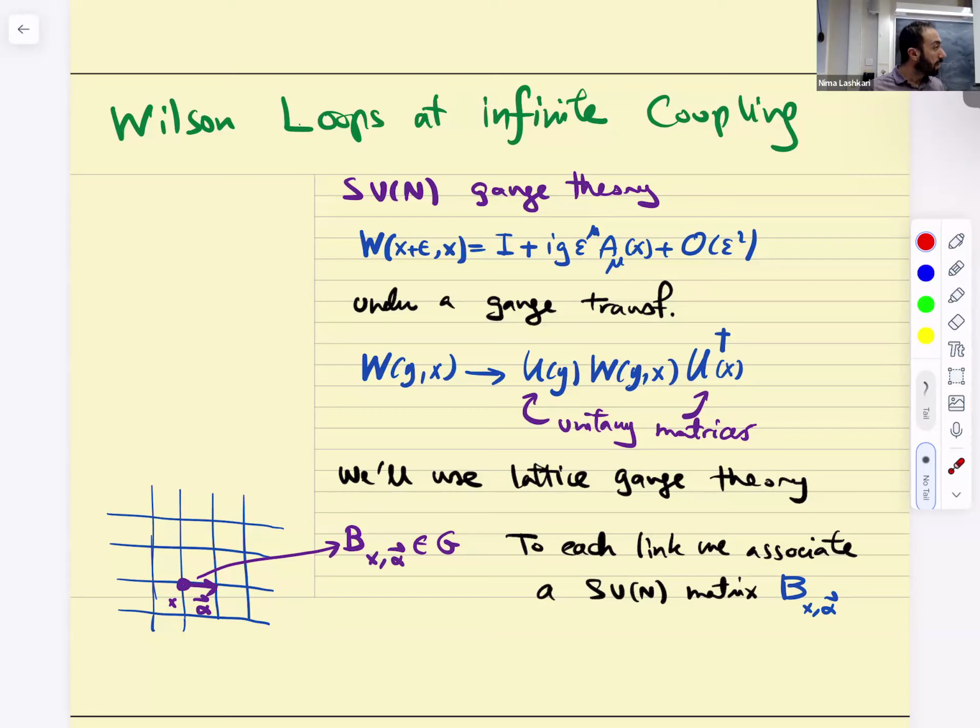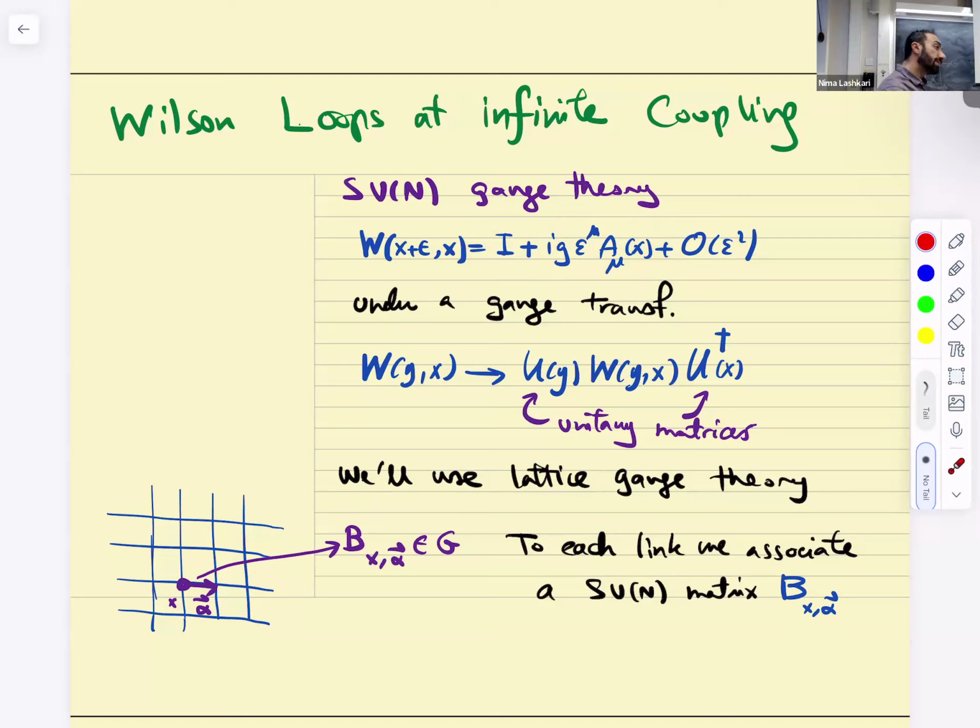Then we take this Wilson line and expand it on the lattice for nearby points, and we get the Lie algebra valued gauge field connection. So this A mu is now Lie algebra valued in SU(N).